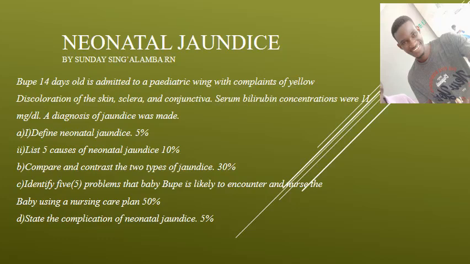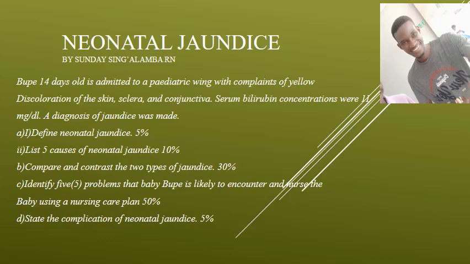Before we move to question A2, allow me to briefly talk about the metabolism of bilirubin, or how bilirubin is formed. We all know that bilirubin comes due to the breakdown of red blood cells. When the red blood cells are broken down, a product is formed which we call heme.